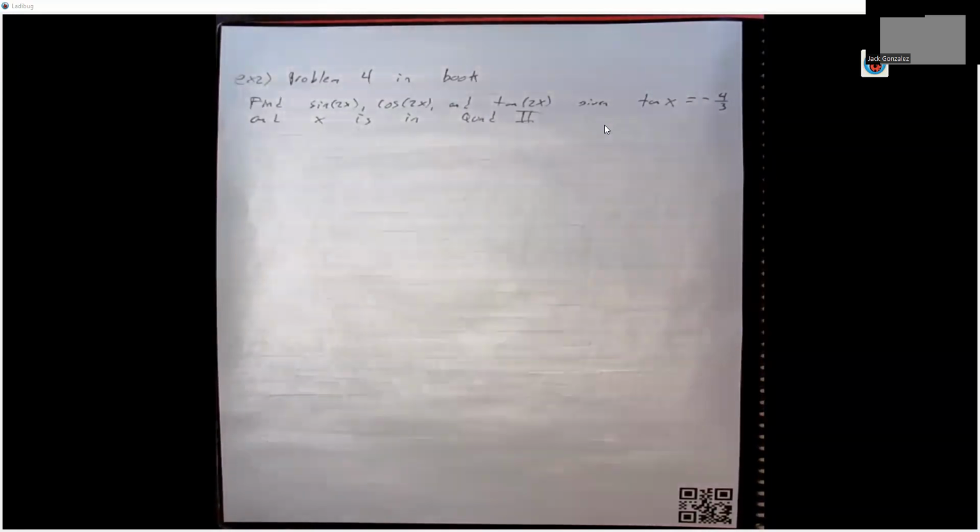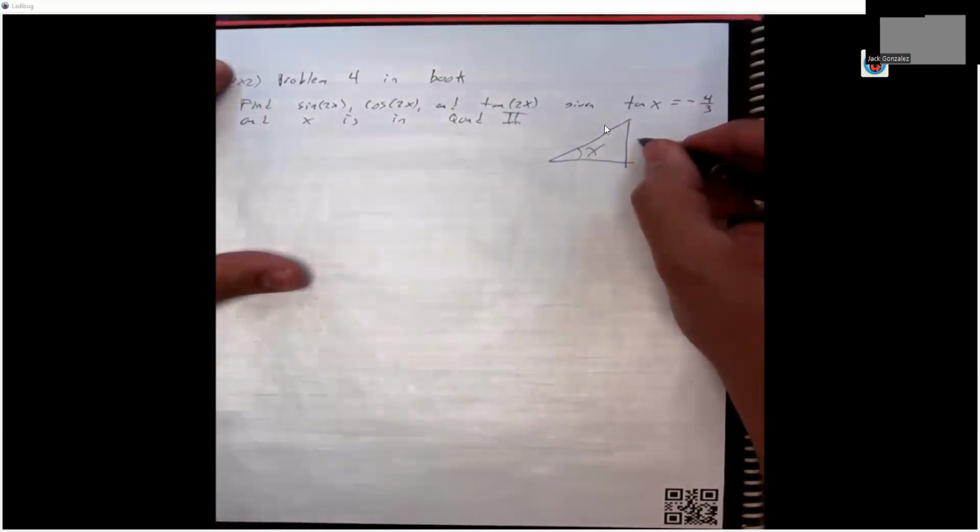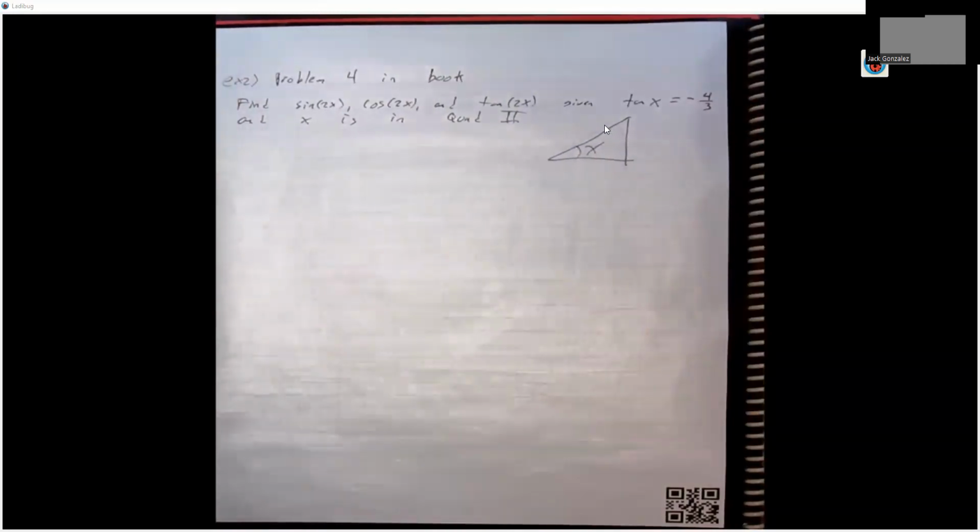So let's build the triangle first. Tangent x is equal to opposite over adjacent. Now, in quadrant 2, what's negative and what's positive?